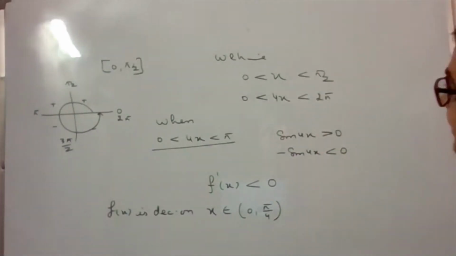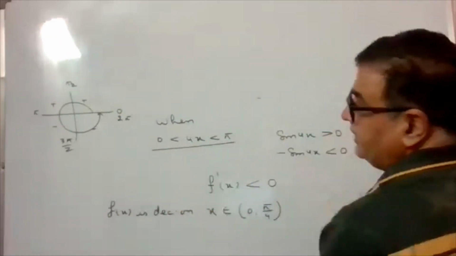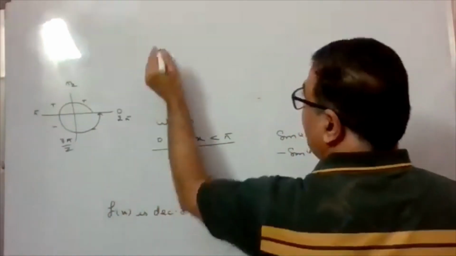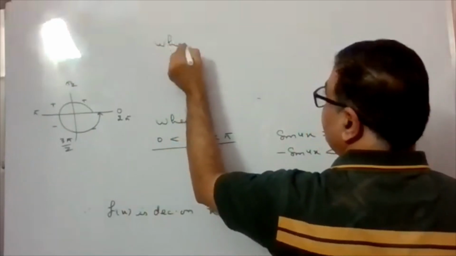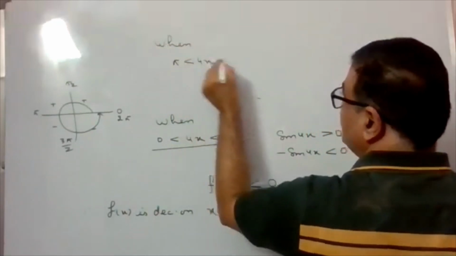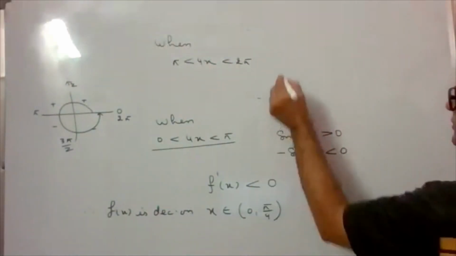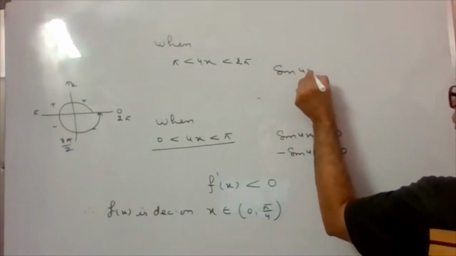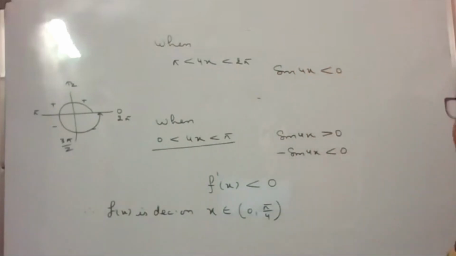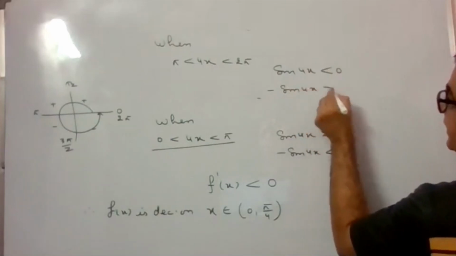Now go for the second part, when we take pi to 2 pi. So we start when 4x is between pi to 2 pi. Then I should say sin 4x is coming negative. Then minus sin 4x is clearly positive.